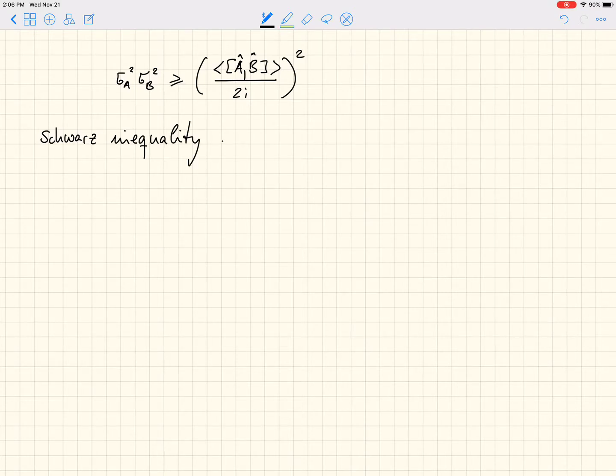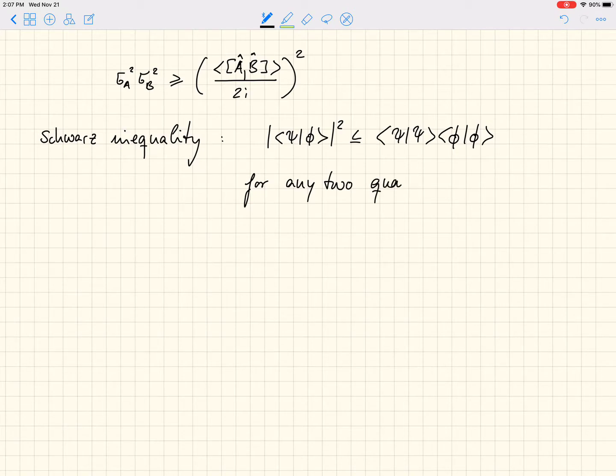for actually any inner product, and the Schwarz inequality is given by this relationship. And this inequality is true for any two quantum states phi and psi.